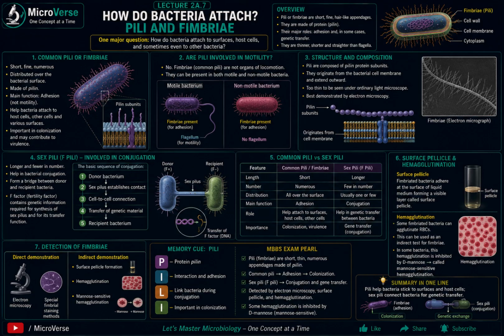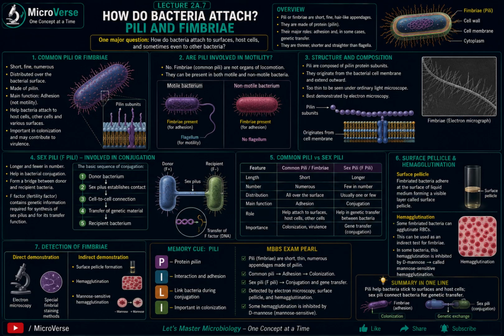So, what happens during conjugation? A donor bacterium possessing the appropriate fertility factor can form a sex pilus. The sex pilus establishes contact with the recipient bacterium. This allows the transfer of genetic material during conjugation. Now, unlike common fimbriae, sex pili have a completely different role. Imagine two bacterial cells.